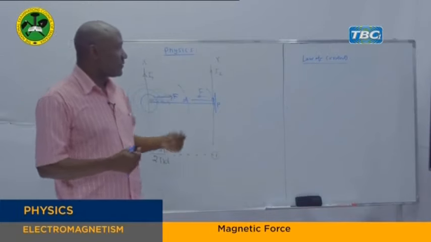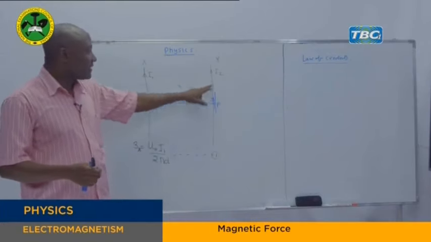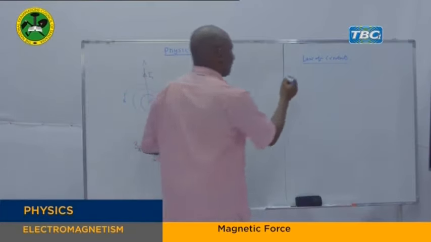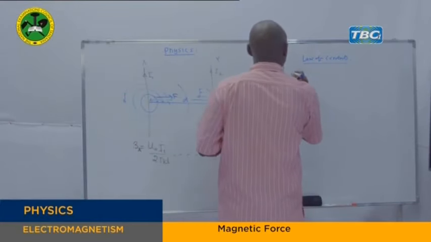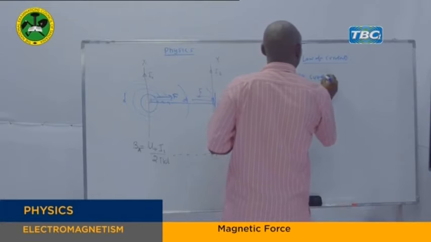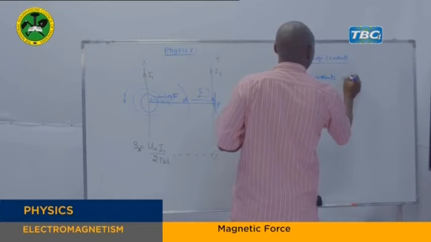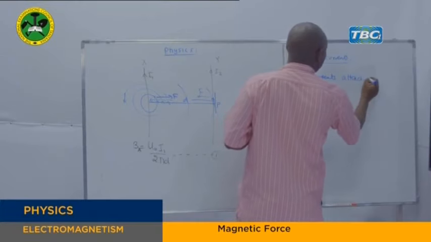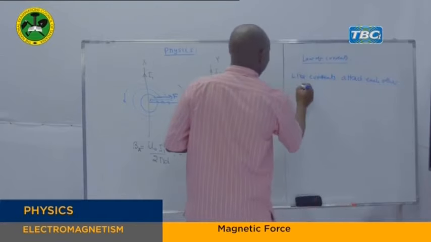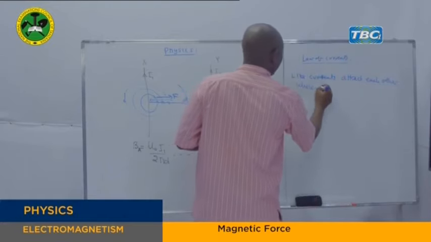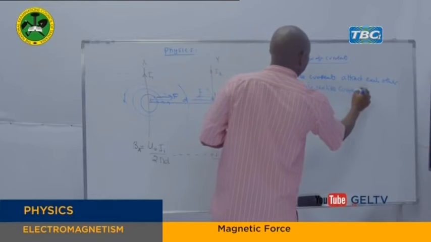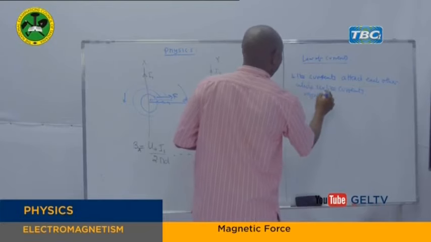But now we talk of the law of currents: like currents attract each other, while unlike currents repel.